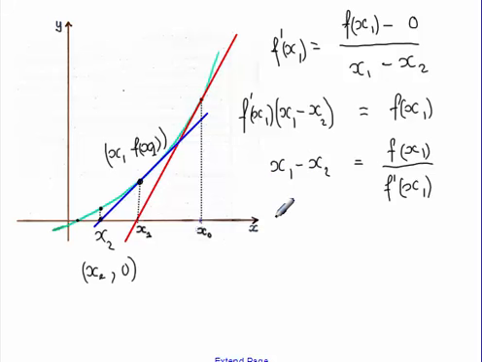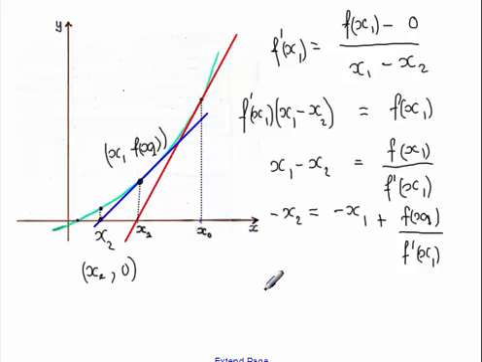So we need to leave x2 as the subject of the formula. So subtracting x1 from both sides, we get minus x2 equals minus x1 plus this ratio f of x1 over f prime of x1.